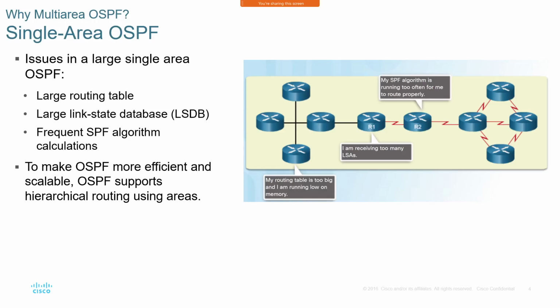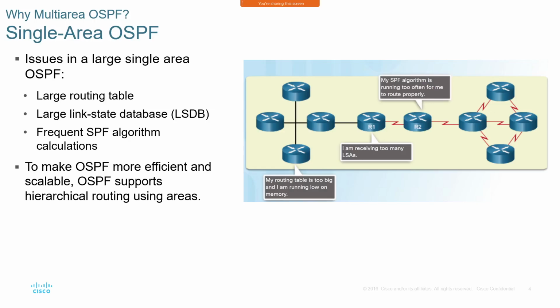A consequence of having a larger LSDB, the link state database, is that it takes longer for all the routers to converge. Remember, convergence is the final state where all the routers have learned about everything, done the calculations for all the networks, and are ready to route the packets.